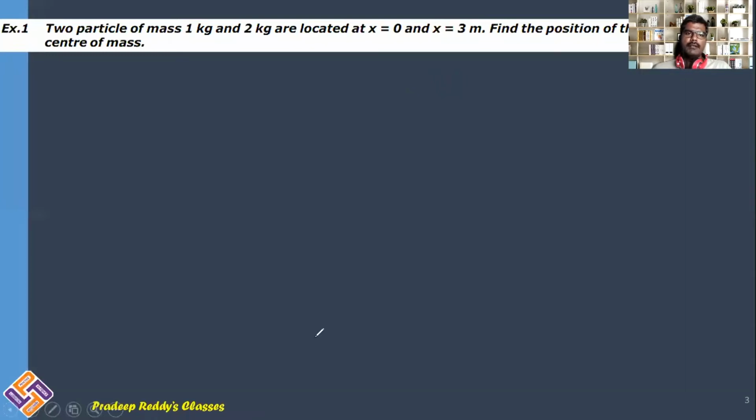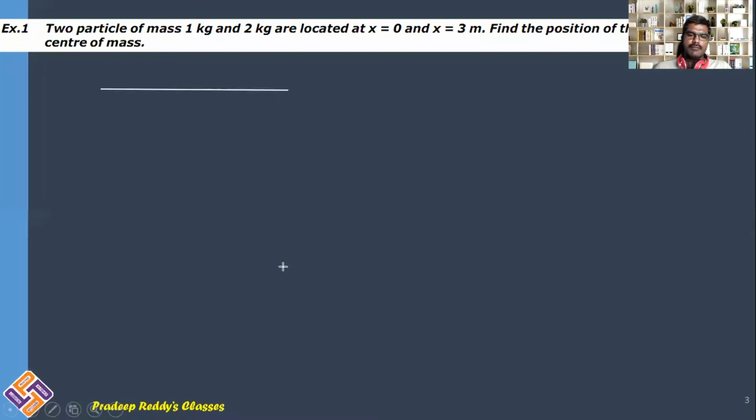Now an example. You are given 2 masses, 1 kg and 2 kg, located at x equals 0 and x equals 3 meter. Find the position of their center of mass. In order to calculate it, first you need to take a reference.